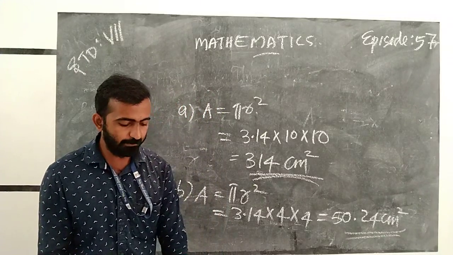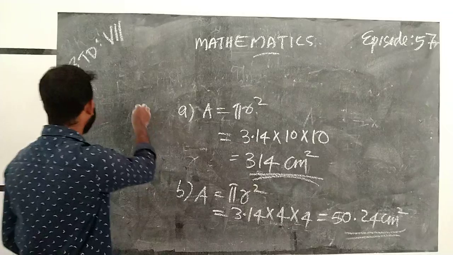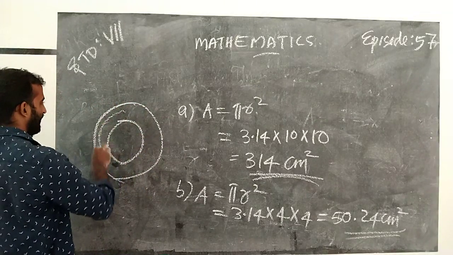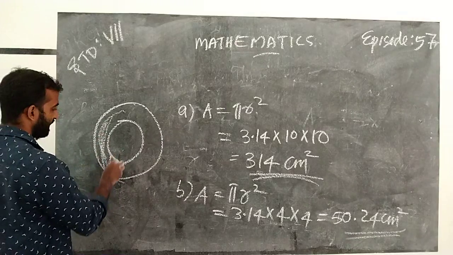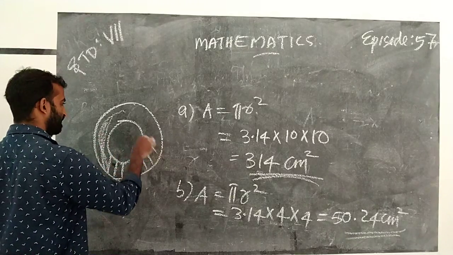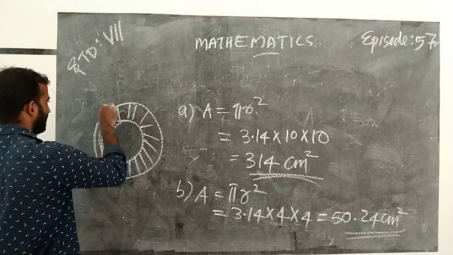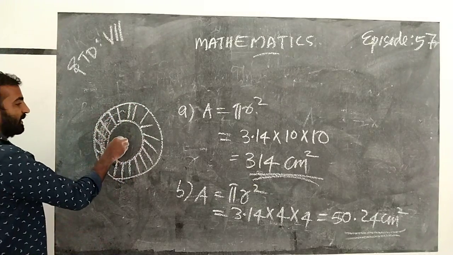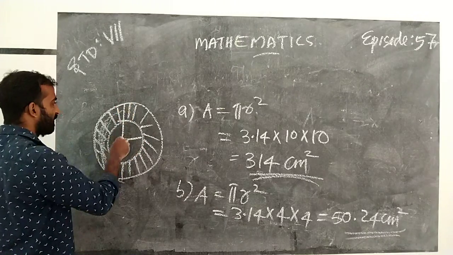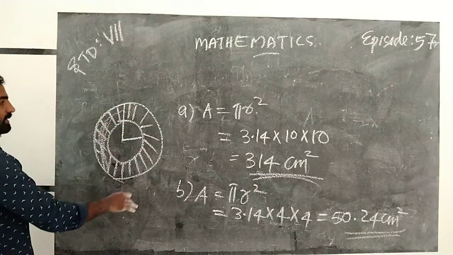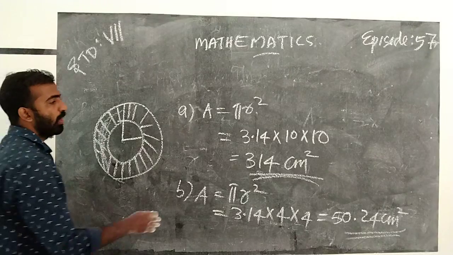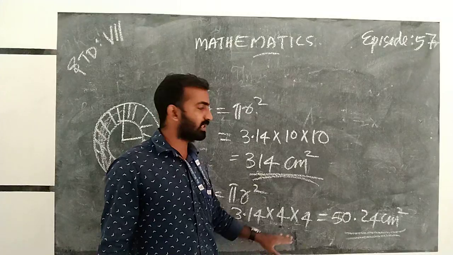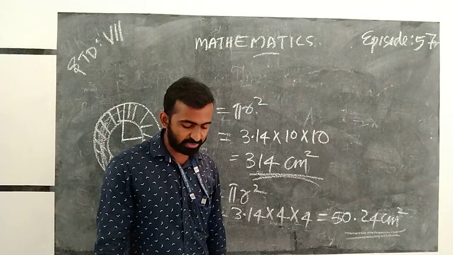The third question is the shaded area between two circles. The figure is this one. This is the shaded area. The small circle has radius 4 and the large circle has radius 10. The big circle's area is 314 centimeters square and the small circle's area is 50.24 centimeters square.